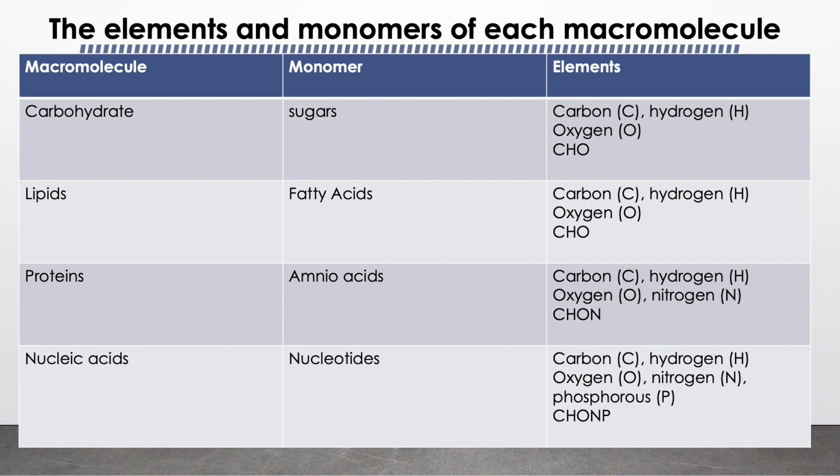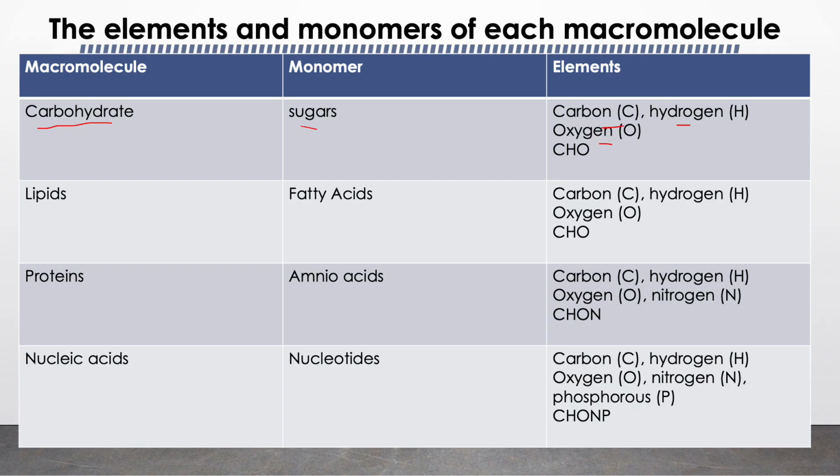Okay, this chart is going to take our 4 macromolecules, again listing our monomer, and now we're going to look at the elements that make up each one of our macromolecules. Starting with our carbohydrate, again our monomer was sugars, and then the elements that make up our sugar or carbohydrate are carbon, hydrogen, and oxygen.